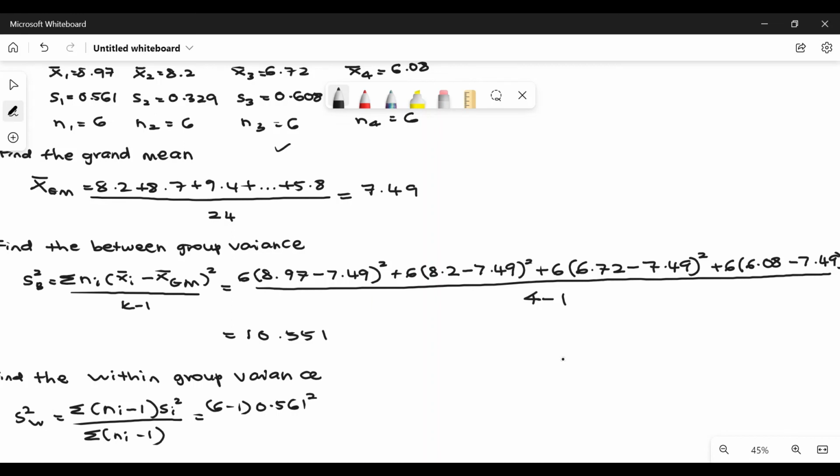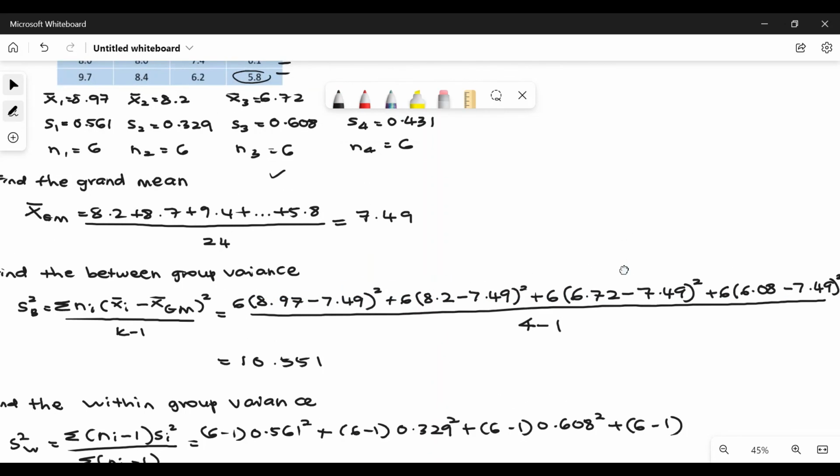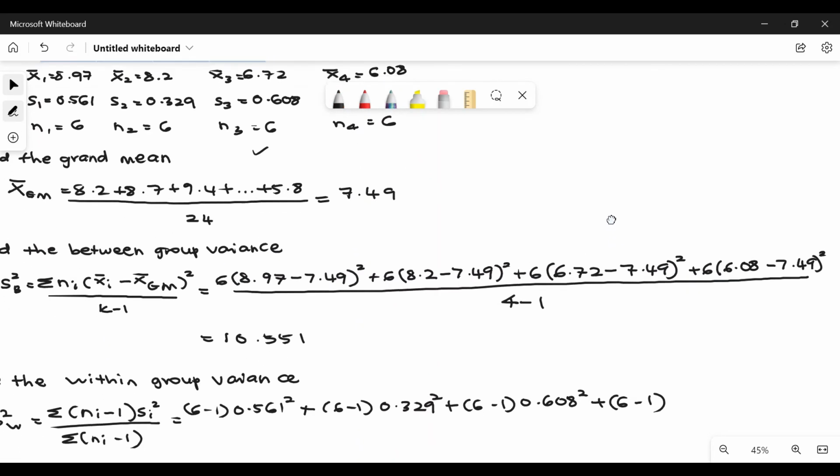Okay, since this is the value for the standard deviation, you have to square it, plus 6 minus 1 multiplied by the second sample, and then for the third sample 0.608 squared, and for the fourth sample it will be 0.431 squared.